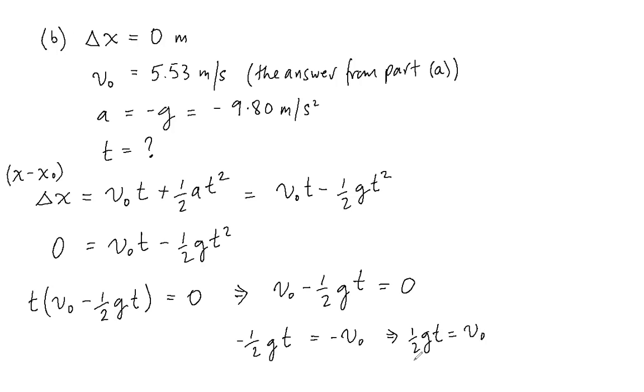Then I'm going to multiply each side by 2 to get rid of the 1/2 here, and divide each side by g to get rid of the g over here. And that leaves me with t is equal to twice v0 divided by g. You can see that if I plugged this back in here, I'd end up with v0 minus v0, which is 0. And I get 0, right? So that's what we want. That's good.